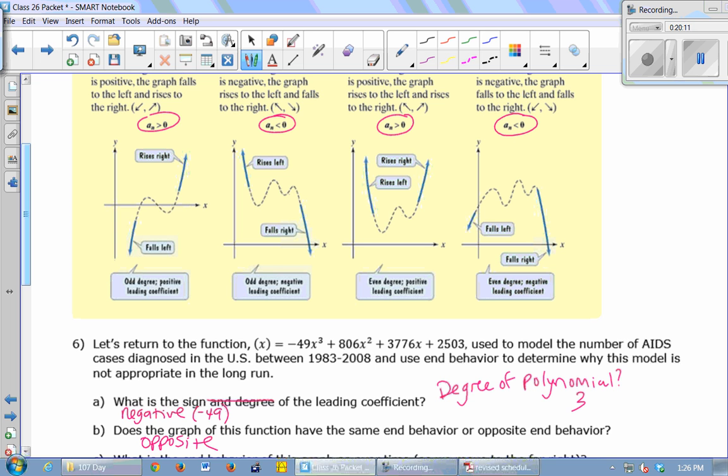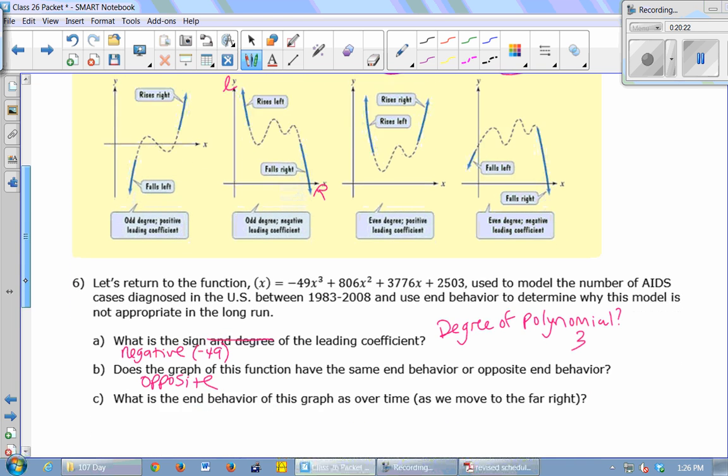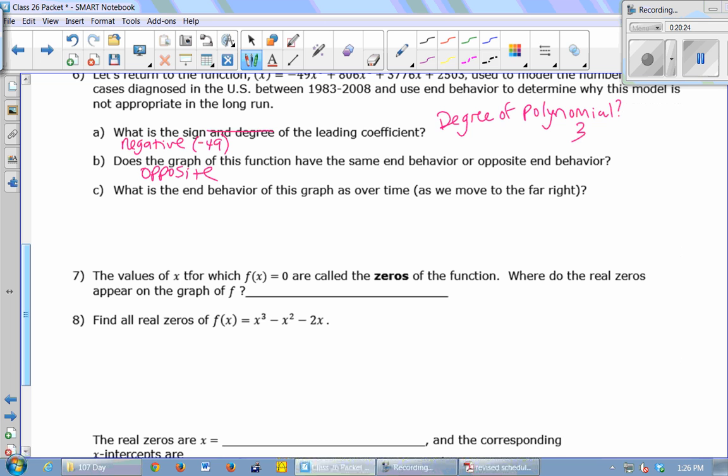So there's the left end and the right end. I can describe the far right as x approaching positive infinity, so we're talking about it moving to the right.